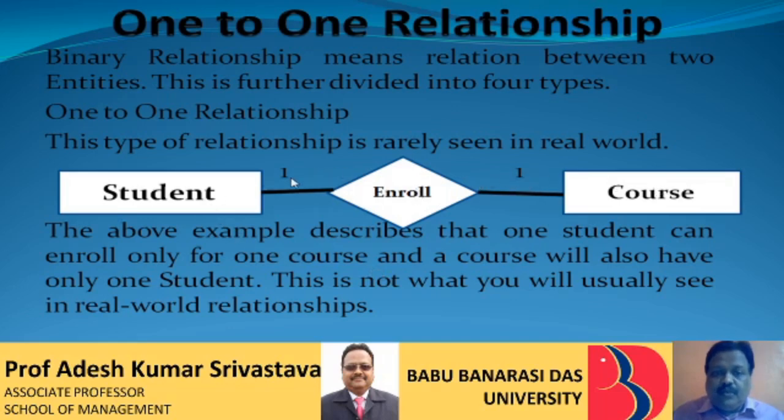Here you are seeing one, here also you are seeing one. A course will also have one student. Means that course may not have more than one student. So this is not what you will usually see in real world relationships. That's why we said that this type of relationship is rarely seen in the world. There may not be more than one student who opts for that course, as well as there cannot be more than one course for a student. So it's a rare relationship that is practically seen in the real world.